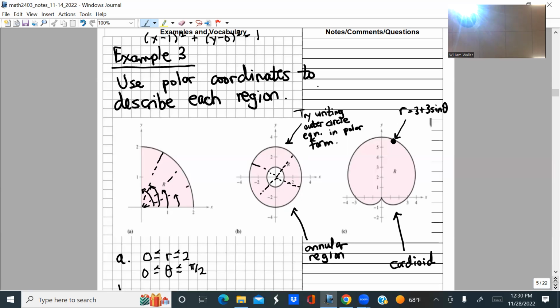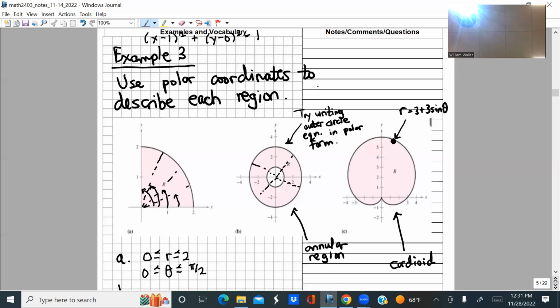Well, remember, you don't get points here. You don't get this little donut hole that's cut out of this region. So your radius for all these points has to at least be how much? Yeah, because you want to miss those points with radii less than 1, up to 3.